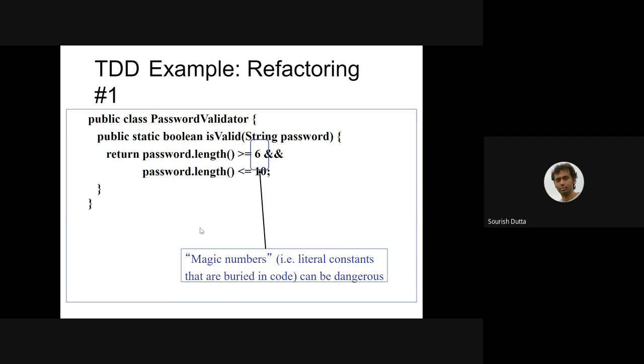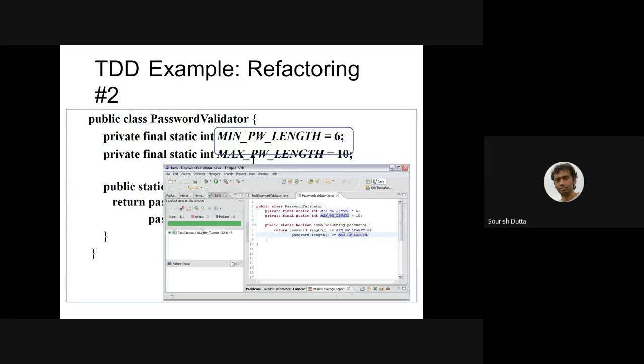If you need to change the logic, then we have to update the code, right? So we can define some constants and use those. We can define the constants within the class, and again, it's not going to change any of your behavior, but it's going to change your source code.